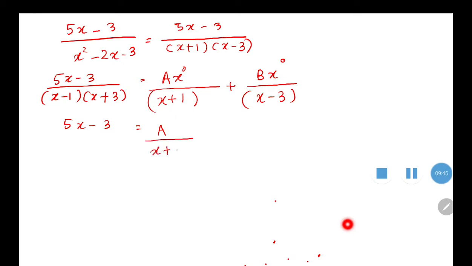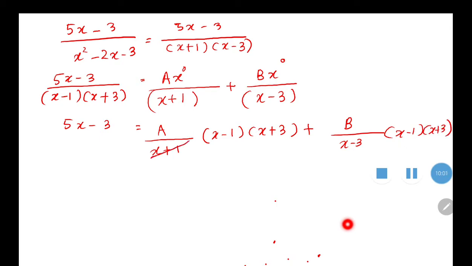So x plus 1 times x minus 1, x plus 3, plus b over x minus 3, x minus 1, and x minus 3. Can we cancel here? We can cancel this one and this one.